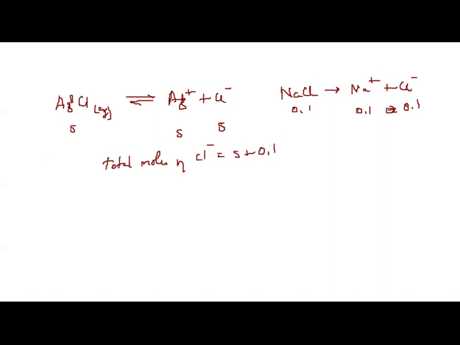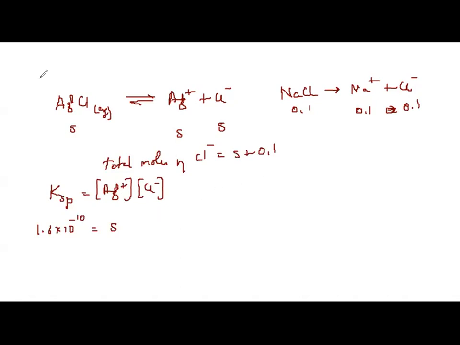So find the Ksp. Ksp is equal to the molar concentration of Ag plus ions into the molar concentration of Cl minus ions. Ksp given is 1.6 into 10 raised to minus 10, equal to s into s plus 0.1.